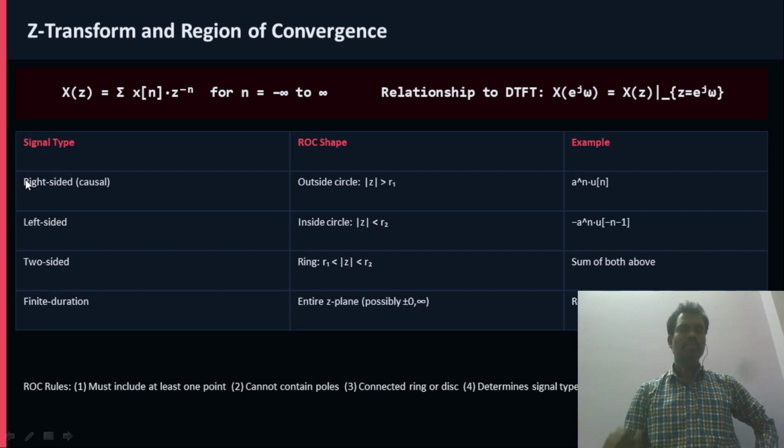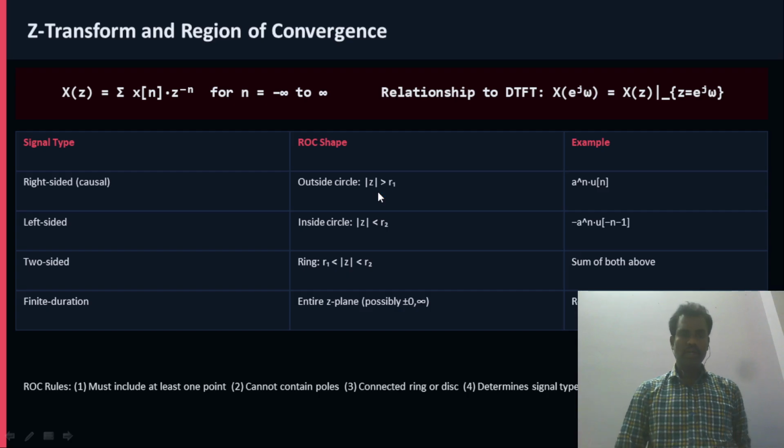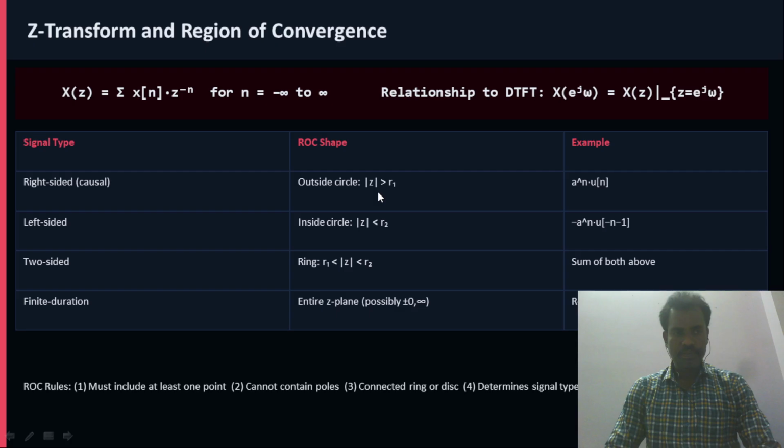It may not be possible for all values of r. That is called the region of convergence. So mod z may be greater than some r1, or mod z may be less than some r1, or it may be between two radii r1 and r2. That depends on the signal type.